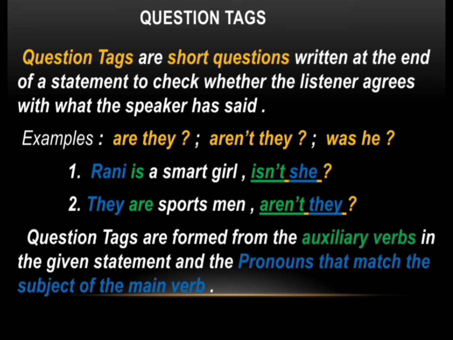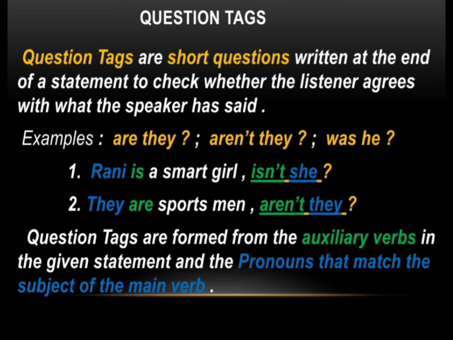Question tags are formed from the auxiliary verbs in the given statement and the pronouns that match the subject of the main verb. If you take the examples given above, in the first statement, Rani is a smart girl, is the auxiliary verb, and so the question tag has taken isn't.